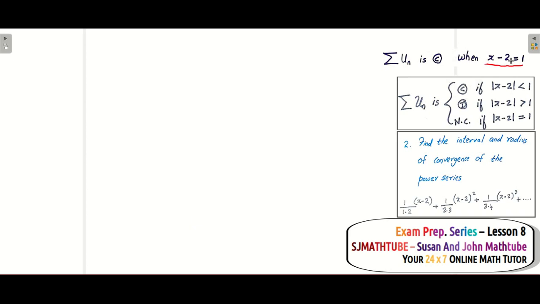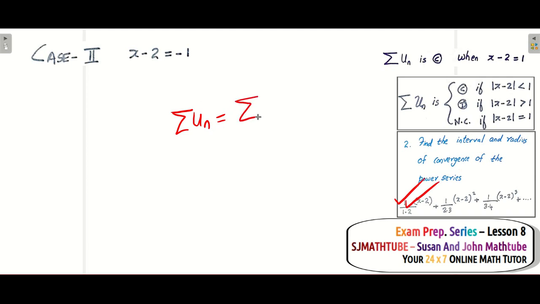Now the last possibility. Case 2, x minus 2 equal to minus 1. So like before, I'll write here sigma un, that is our given series, that will be sigma 1 by n into n plus 1 into x minus 2 the whole power n.